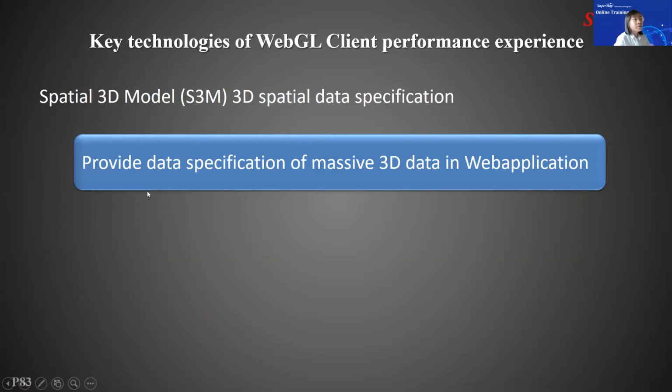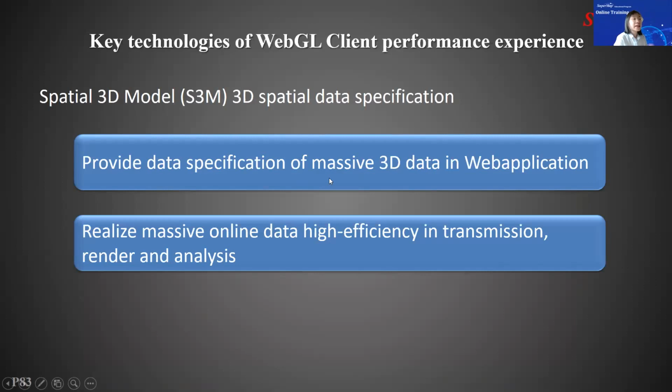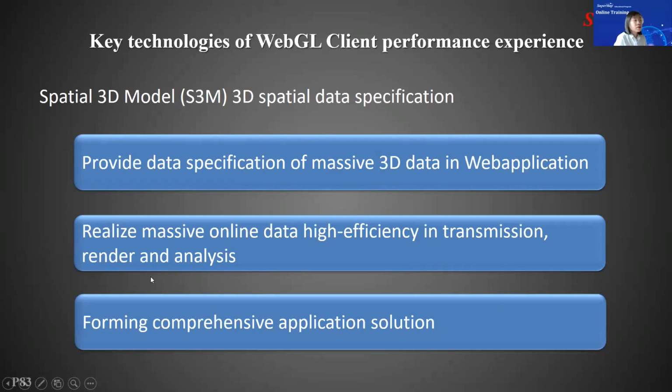It provides a data specification for massive 3D data. It has very smooth rendering performance for massive 3D data, with high efficiency in transmission, rendering, and analysis, forming a comprehensive application solution.